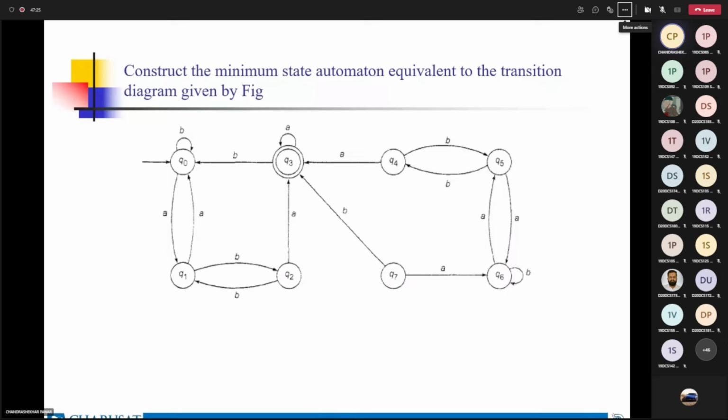Transition for Q3, you can tell me just by observing the diagram. Not much difficult. So please reply fast. You can write down in the chat box, no problem.